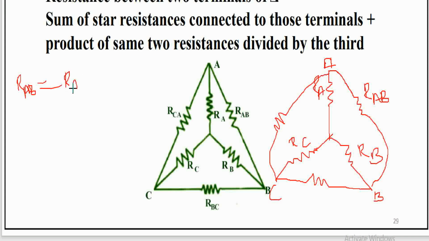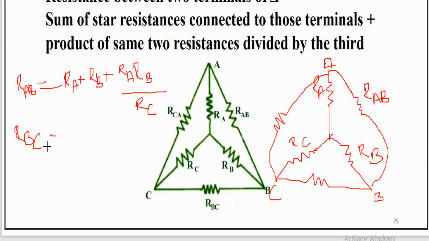So first add the individual branches RA plus RB, then take the multiplication of RA and RB, and divide this product by the opposite resistance in star for this RAB, which is RC. So this is the equation for RAB.